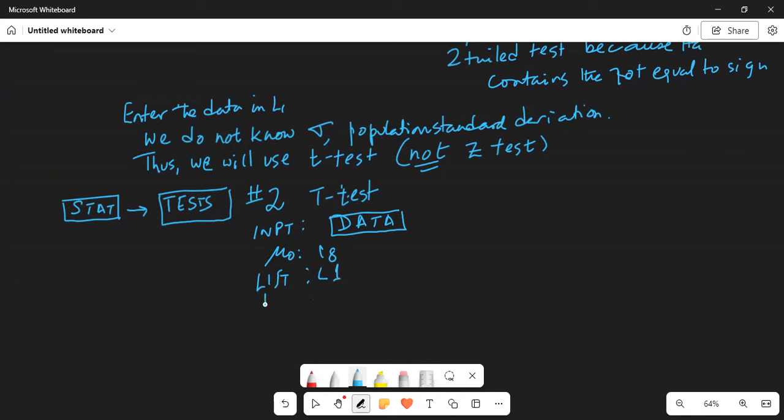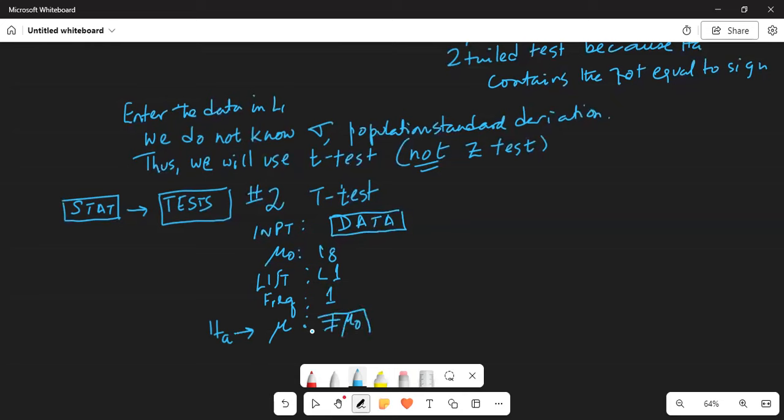Frequency is 1 because we have entered each data point once. Do not touch it. Leave it at 1. And then the fifth line is the alternate. Remember, we are testing for not equal to. This line, your HA, will tell the calculator the direction of the alternate. Remember, ours is not equal to mu0.